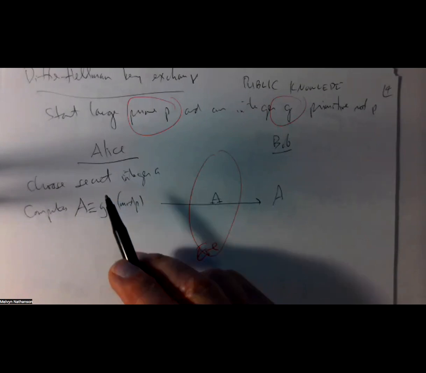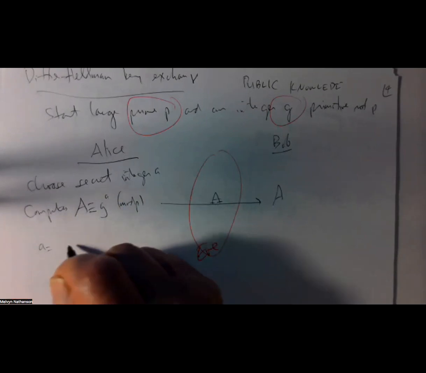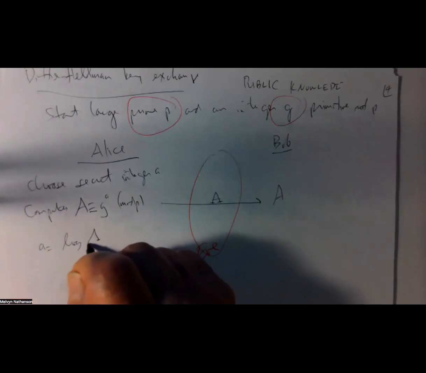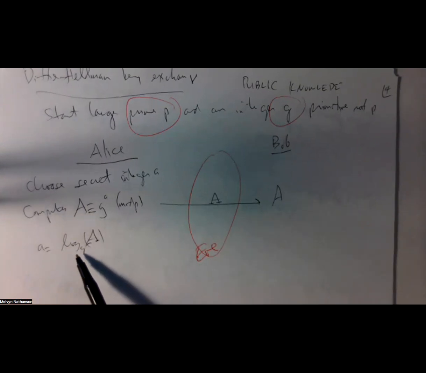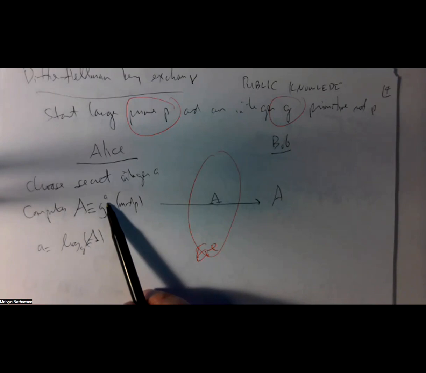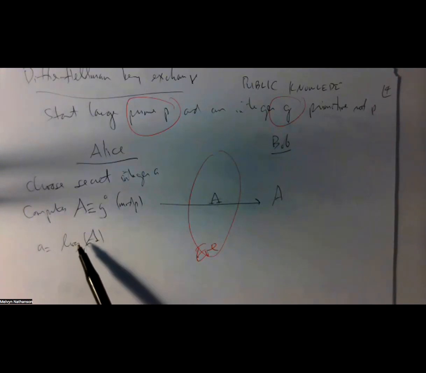Why not? Little a is the logarithm of capital A to base G, and the discrete logarithm problem is too hard for anyone to solve. So Eve cannot find little a. No one can. But she knows capital A.